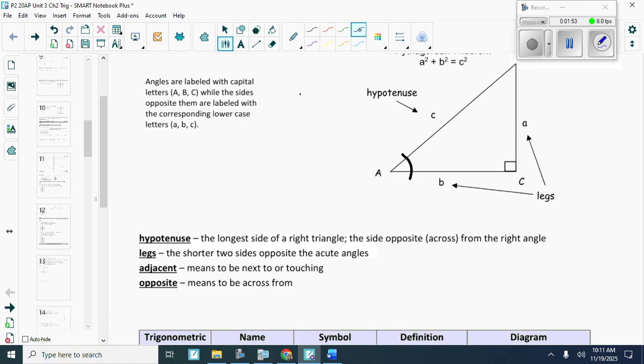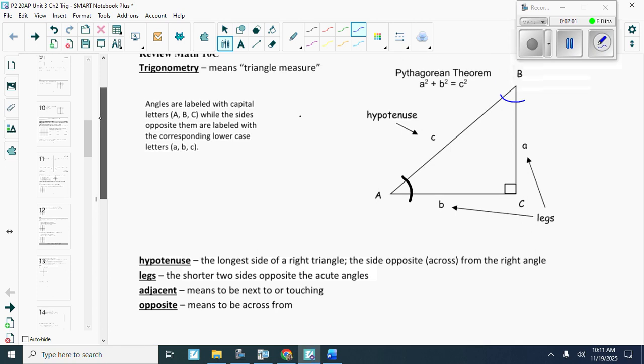However, if I change my focus and I'm looking at angle B, my opposite and my adjacent are going to flip. So from angle B, my opposite is now side b, and my adjacent is now side a. So just make sure that you're indicating what angle you're using when you label your triangle with opposite and adjacent.